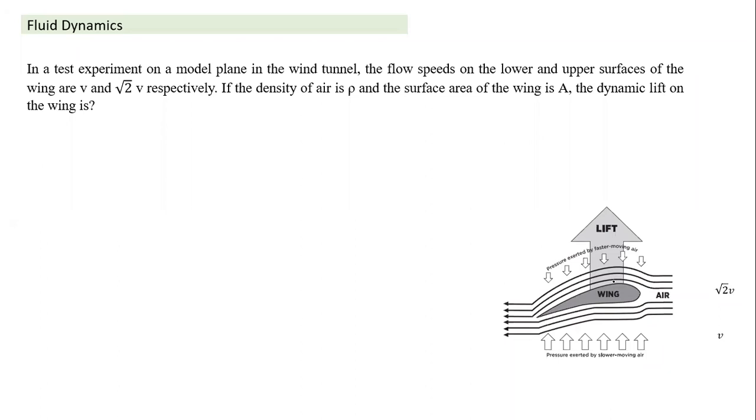So the upper part of the wing has a contact force, the lower part also has a contact force. The upper part is exerting pressure and force, and the lower part also has a pressure and a force. Here the pressure only leads to the force. And if the aircraft is flying, the net of the two has to be acting in the upward direction.